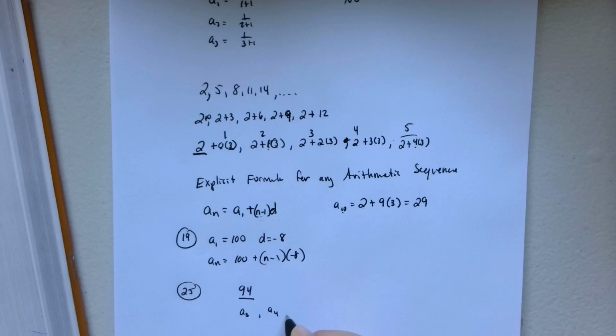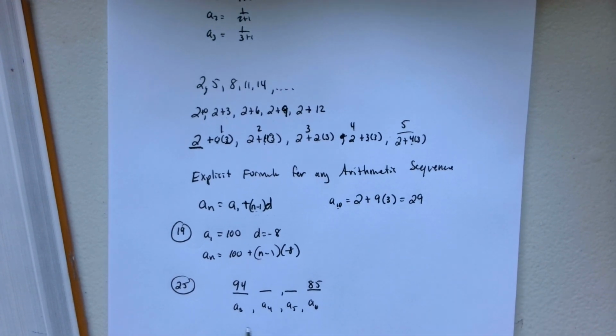They're not telling us the fourth or the fifth, but they're telling us the sixth term is 85. Now they are telling us that this is arithmetic, so something was added each time. In this case, we're getting smaller, so it's a negative number. It was added here, and then from here it was added again, and then added again to get this.